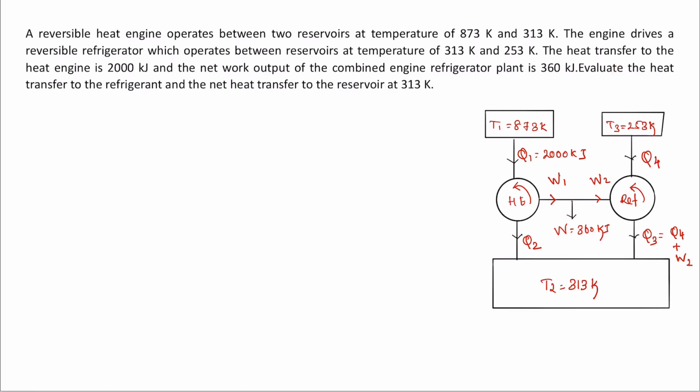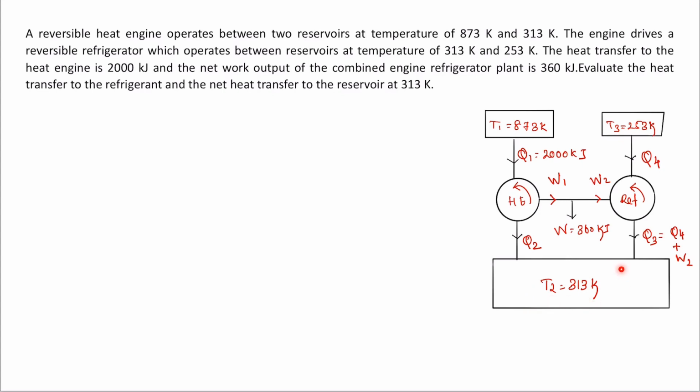Evaluate the heat transfer to the refrigerant and the net heat transfer to the reservoir at 313 Kelvin. We have to find the value of Q4, which is the heat transfer to the refrigerant, and the net heat transfer to the reservoir at 313 Kelvin. This is the reservoir of 313 Kelvin.